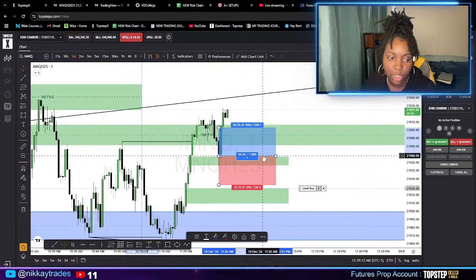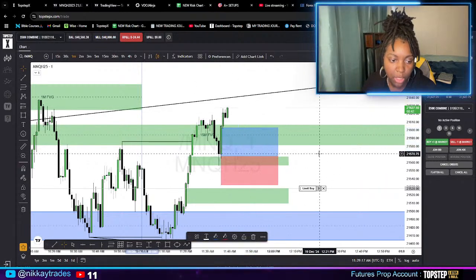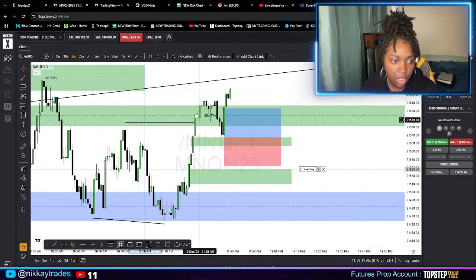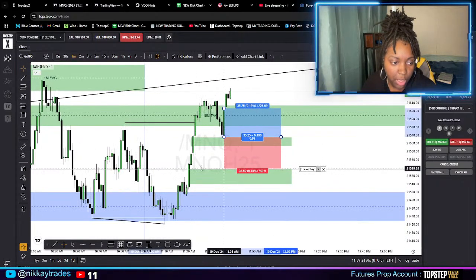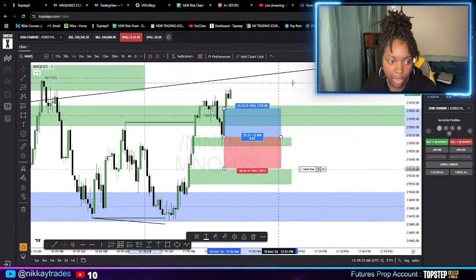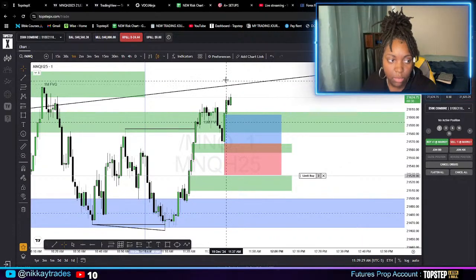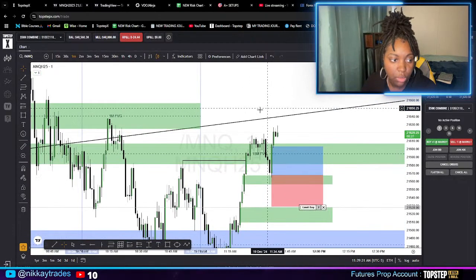You really wouldn't have a place to put your stop loss though. It'll just really be a random stop loss, because the logical thing about it is this 3 candle formation, so it'll be down here. But guess what? It's a whole nother gap down here, so that's really not a smart move to get in and buy here. I mean, yes, it tapped into it perfectly, but you know how Nas moves.